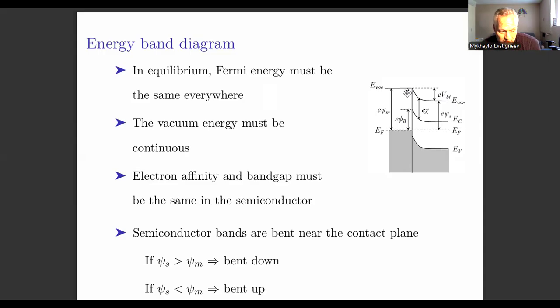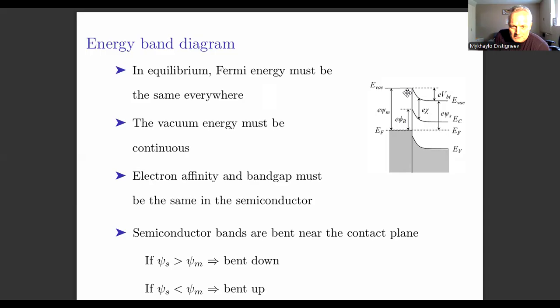But the work function is the difference between the vacuum energy and the Fermi energy. And that means that, since the Fermi energies are aligned with each other, the vacuum energies must change in space.